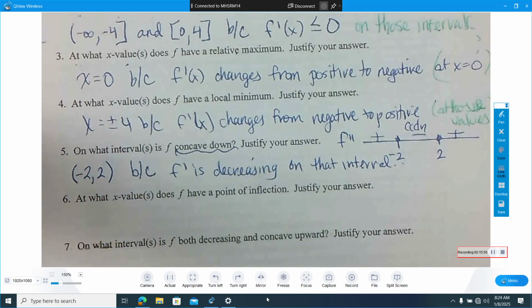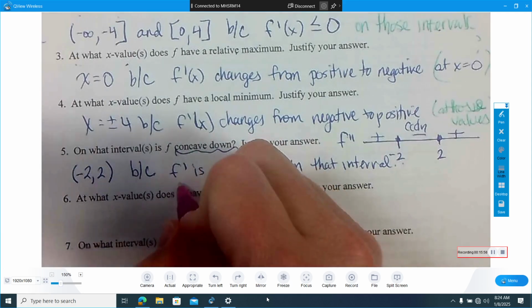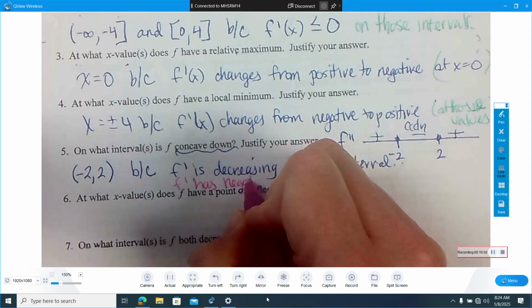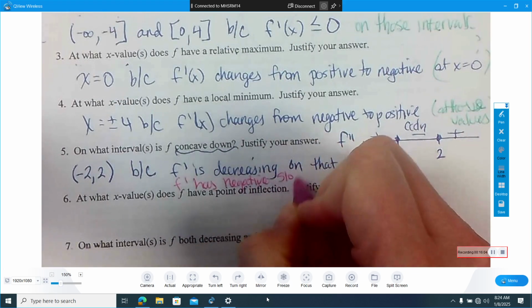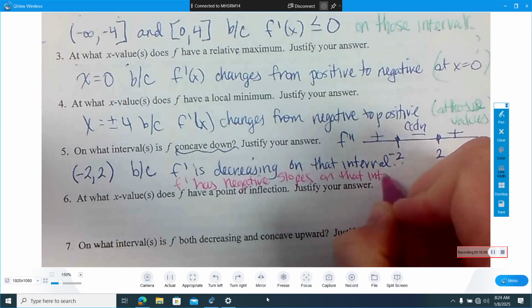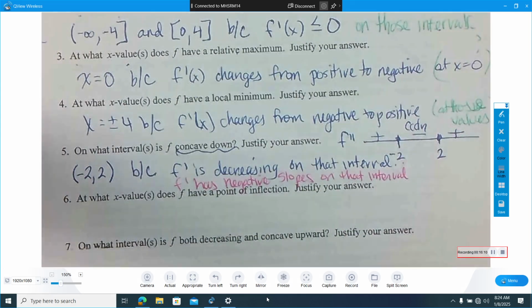You could also say, because f prime has negative slopes on that interval. That would be okay to say as well. It means the same thing. Decreasing talks about the slopes being negative. So this is f prime has negative slopes on that interval. Same exact thing.